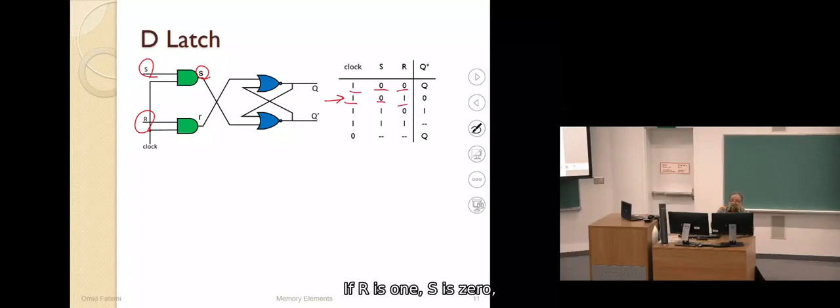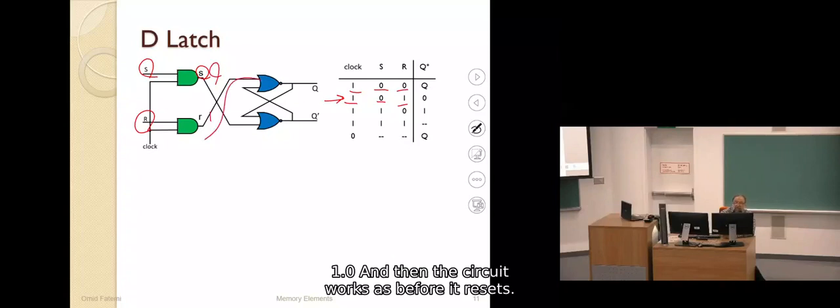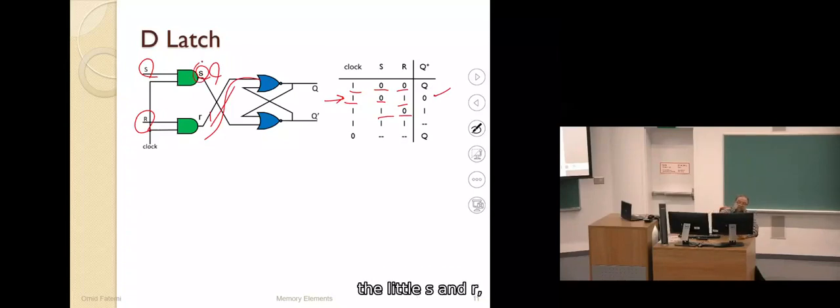So if R is 1 and S is 0, then our small r and s are also 1 and 0, and then the circuit works as before, so it resets. When we have 1, 0 as the capital S and R, the main inputs, and the clock is 1, the little s and r get 1 and 0, and it resets, and resets.